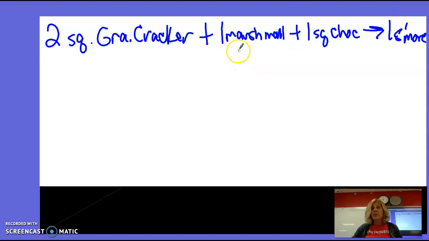You could use a strawberry marshmallow. The original recipe is just a regular marshmallow. They're awesome with strawberry marshmallows. 1 square of chocolate. And if you buy the Hershey bars, it's really like 3 of those little squares. We're just going to call that 1 square to keep things simple. And that makes 1 s'more. So this is our product. These are our reactants, and this is the ratio. So this is balanced.